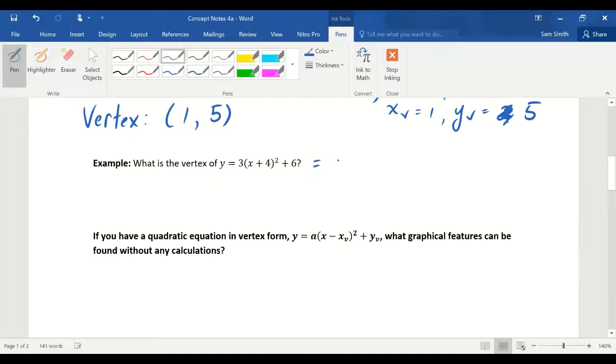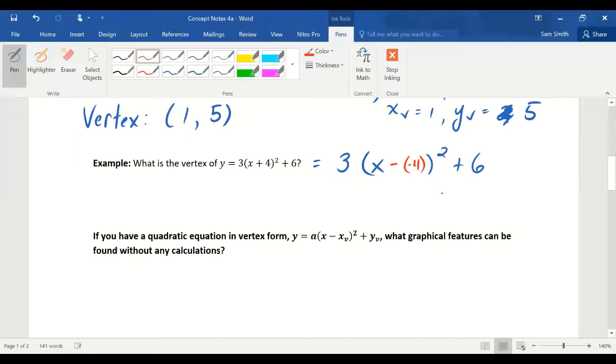So to begin with, we're going to do a little bit of rewriting of this expression on the right-hand side, so that instead of x plus 4, we have x minus some number. So what do you think? What number could we subtract from x so that it's equivalent to adding 4? You may recall that subtracting a negative number is the same as adding.